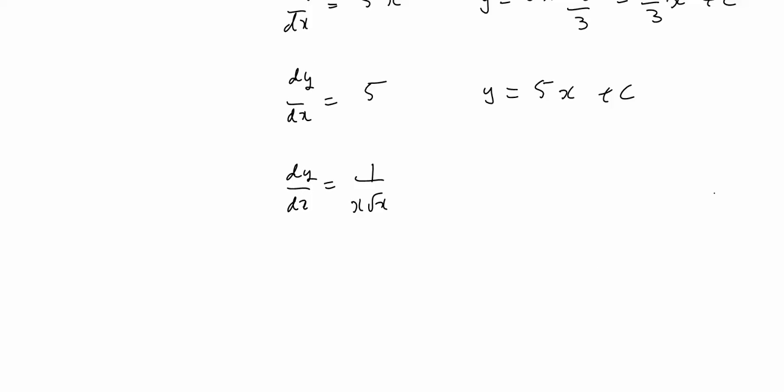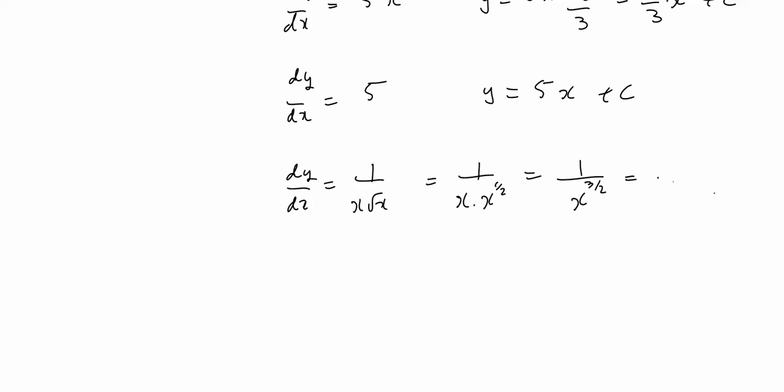Always change functions into powers of x. So here I've got 1 over x root x. We'll write that as 1 over x times x to the half. And then using the indices rule, we can add the indices. X to the power of 1 times x to the power of a half is x to the 3 over 2.